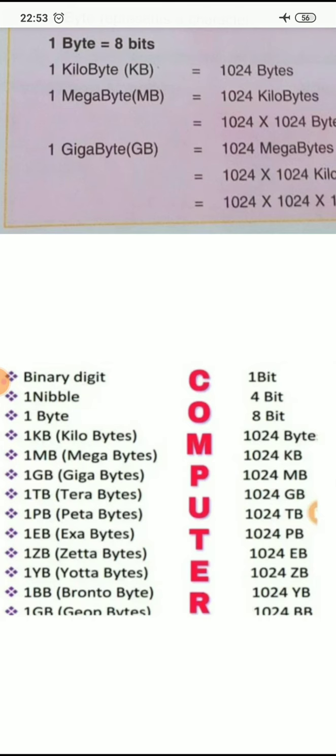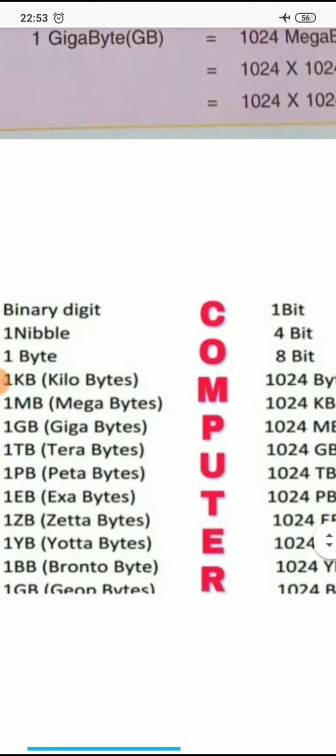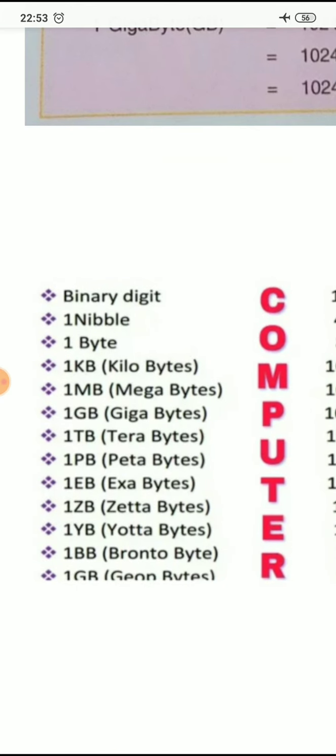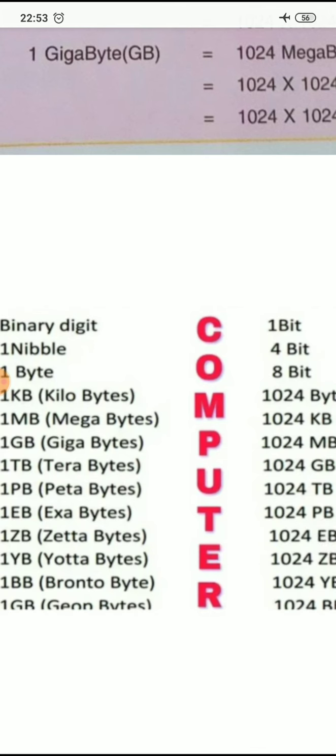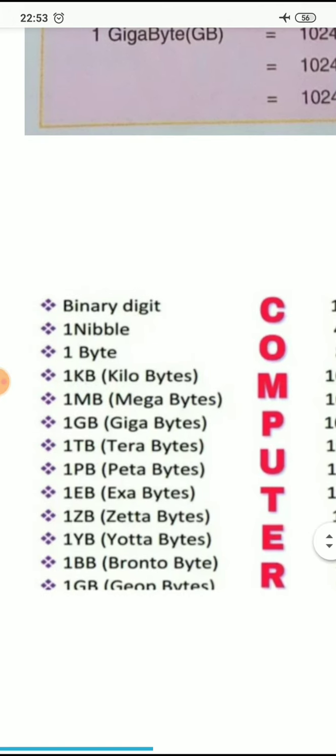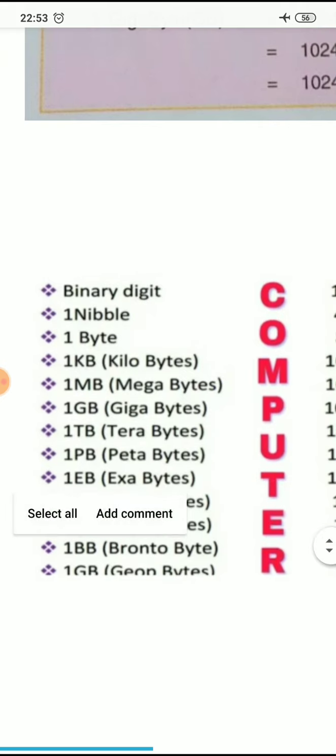These are the measuring units of computer memory, and this topic is very useful, very interesting, and important for competitive exams also. Generally 2 or 3 questions are asked from this topic. So along with school students, it is important for those who are appearing for competitive exams.